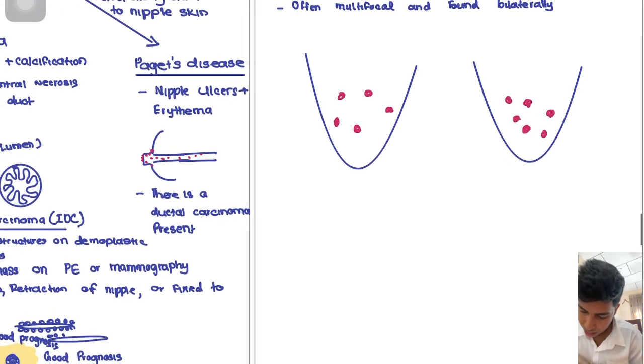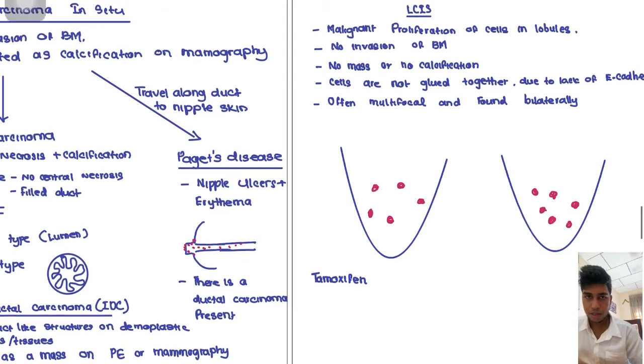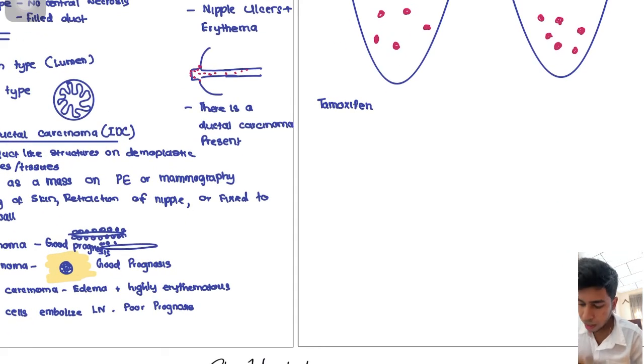The way you treat these patients is you give an estrogen inhibitor. Tamoxifen is given. It's an estrogen inhibitor, and you follow up. You don't cut out the tumor, because it has a very low risk of developing invasive lobular carcinoma. So you do not cut out the breast, you give tamoxifen and follow up.